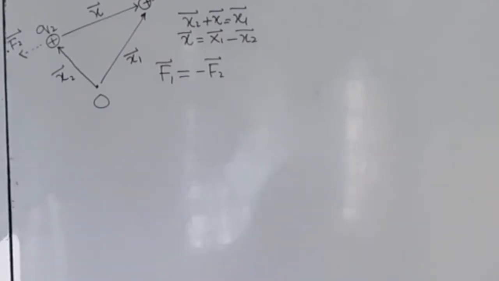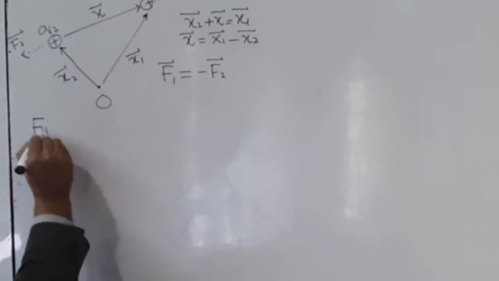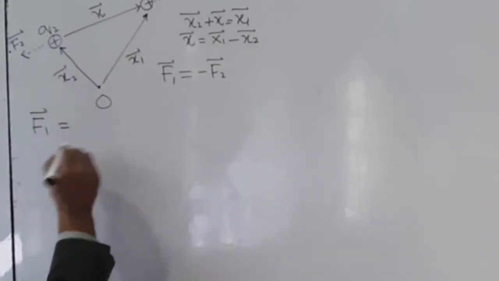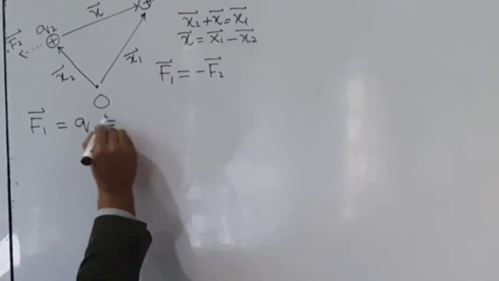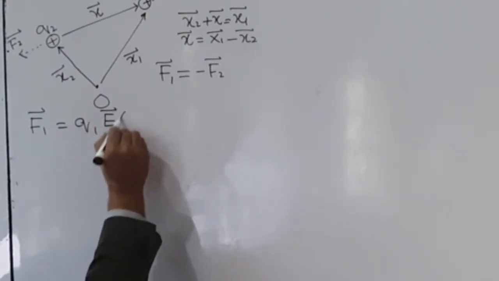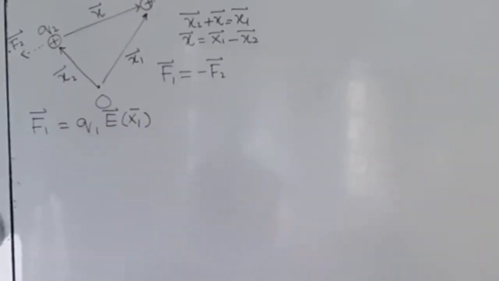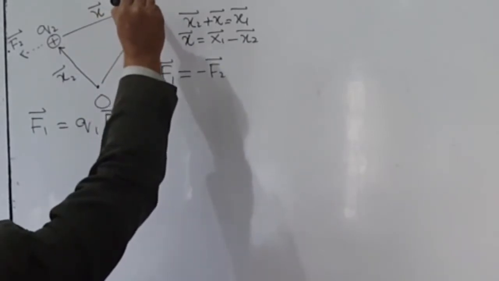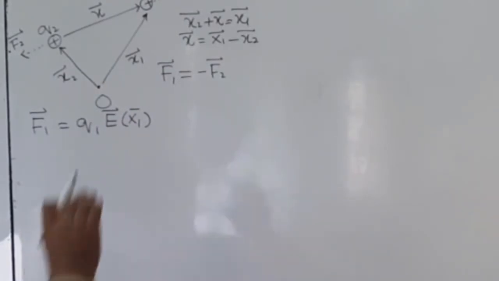Now I can write this force F1 is equal to Q1 times E, the electric field at x1, and this is that point. This field is due to Q2. So this field is existing there.